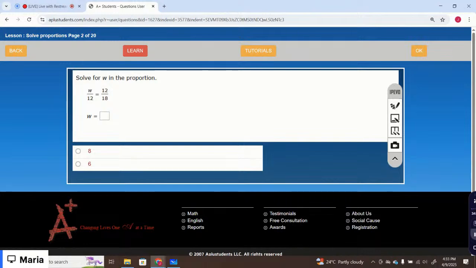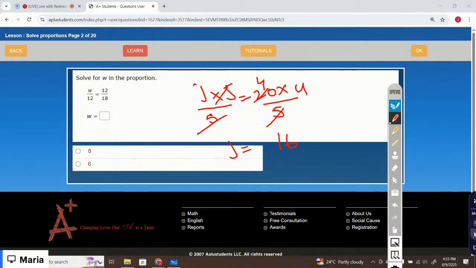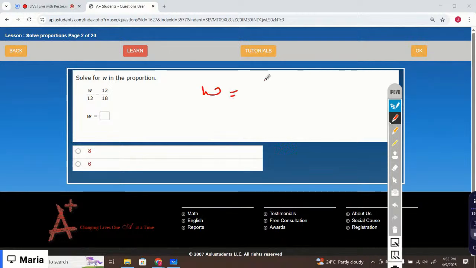Solve for w in the proportion. w over 12 equals 12 over 18. So w equals 12 times 12. Just cross multiply, move the 12 to the other side and divide it by 18. So which is the correct option?